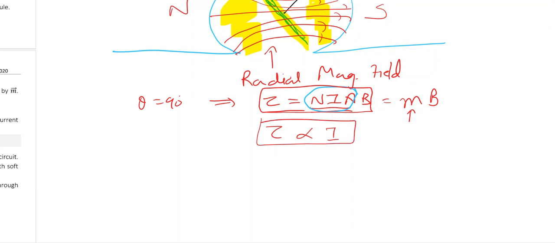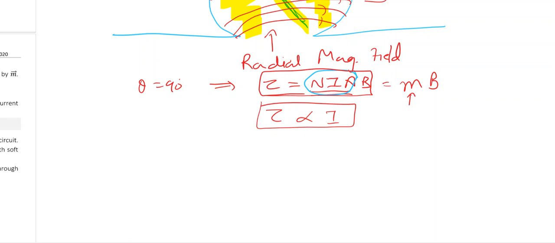Now the second problem is that we expect that when current is 0, the pointer, the indicator, should go back to the original situation.